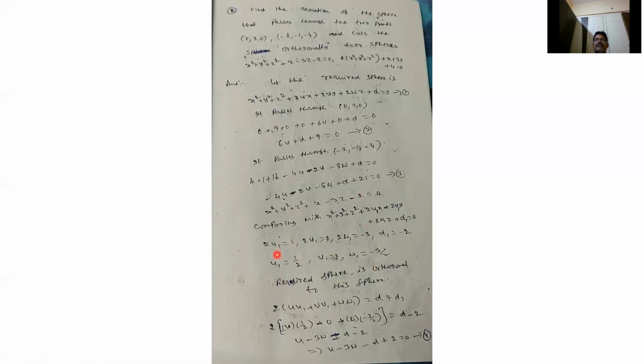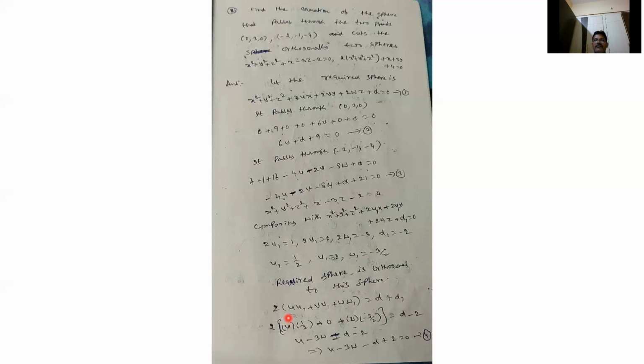Now the required sphere cuts this sphere orthogonally. We know the condition for orthogonality: 2uu₁ + 2vv₁ + 2ww₁ = d + d₁, where in place of u₂, u is there, v₂ is v, w₂ is w, and in place of d₂, d.